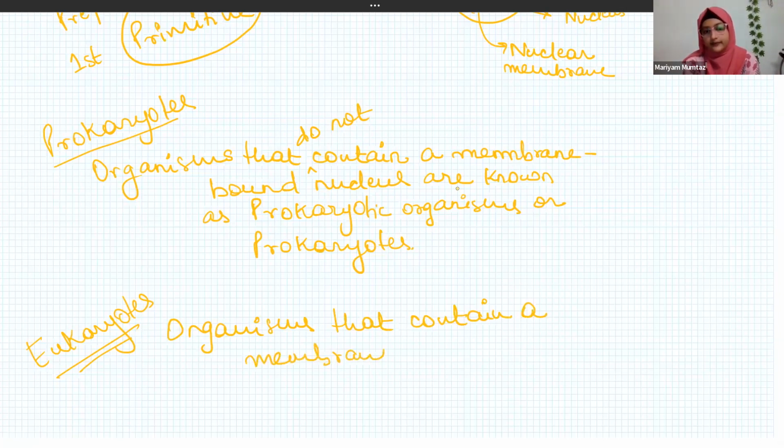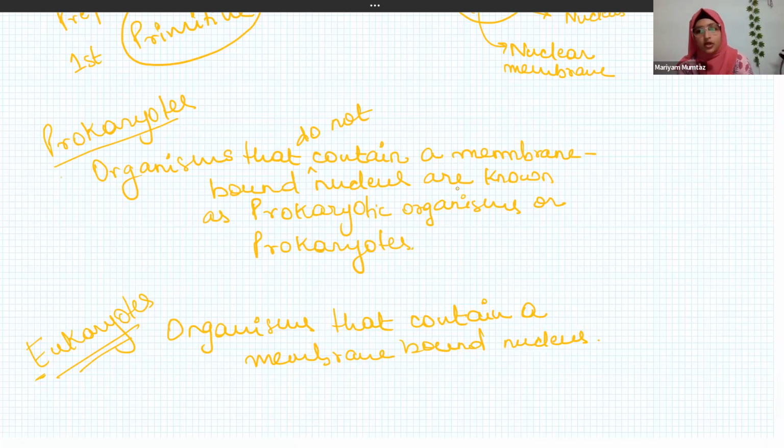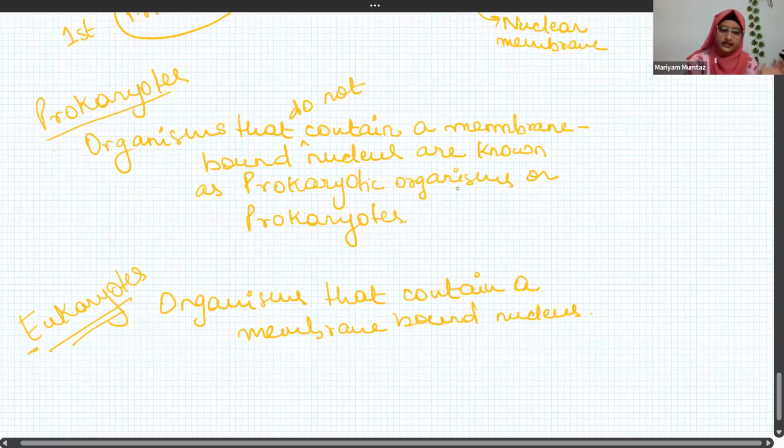It means that the nucleus in the eukaryotic organisms is surrounded by a membrane. But when we talk about the prokaryotes, is the membrane present or not? Not in the prokaryotes. In eukaryotes, it is present. When we talk about the prokaryotes, the membrane is absent. Clear? Yes, very good.